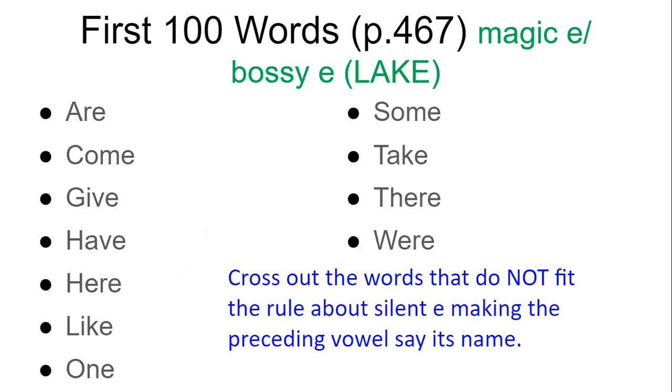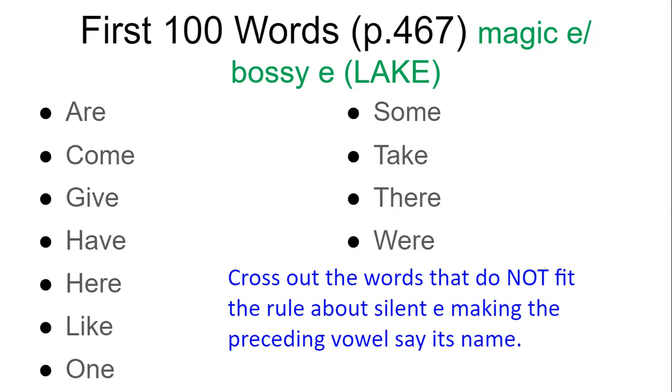Something else that was discussed in the chapter is the idea that often as teachers, we are trying to be helpful by giving students different rules or different rhymes, different ways of helping them remember how words work.